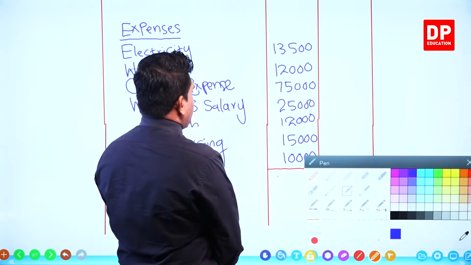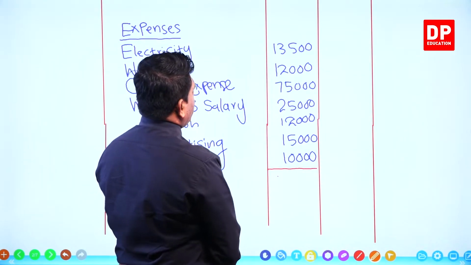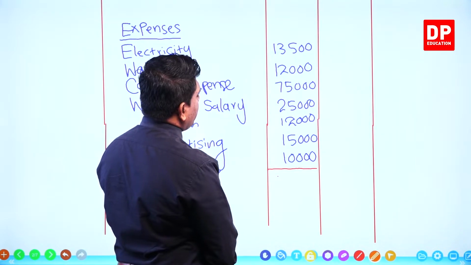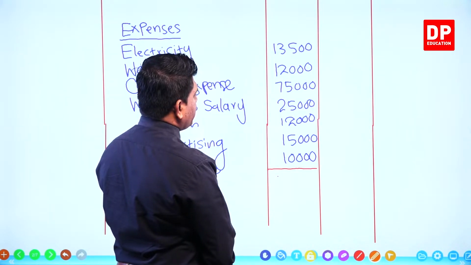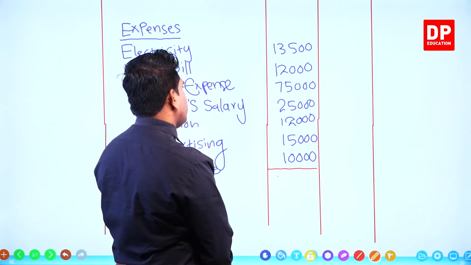Okay, then how much? See the total: 100,000, 125,000, 137,000 and 147,000, 149,000.